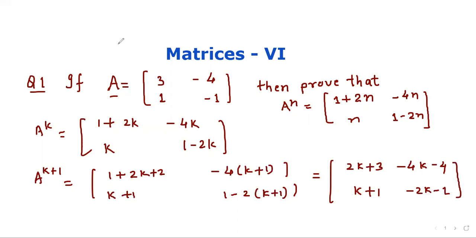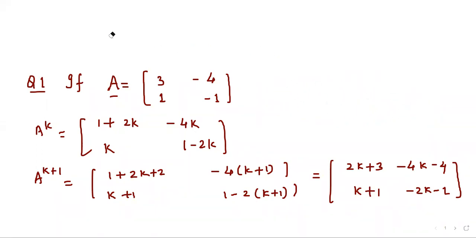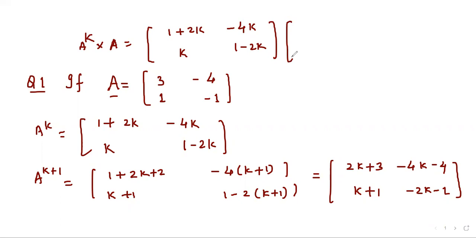So let's try to get this result by multiplying A^k by A. A^k is [1 + 2k, -4k; k, 1 - 2k], and A is equal to [3, -4; 1, -1].